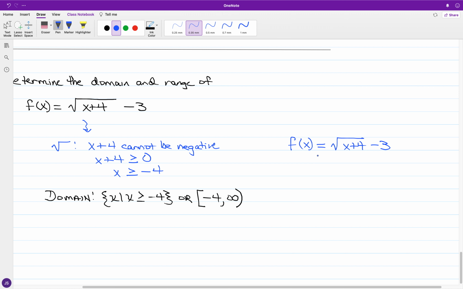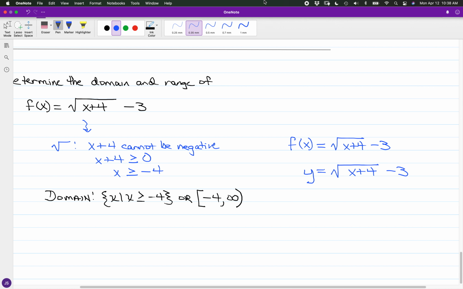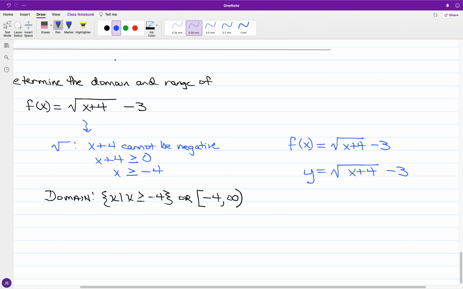Now in terms of the range, f of x, that's the functional notation for what we say is going to be y, and we're looking at what has to be in the range of this particular set. Now again, domain is in reference to x, range will be what we have regarding y.